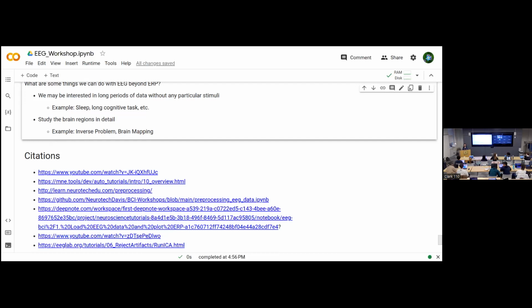So there are researchers who work on trying to enhance that resolution, and they work on the inverse problem, where they're trying to find out, based on these surface level, scalp level electrodes, which regions inside the brain are actually producing these signals on the scalp, so that we can have a better understanding of what's actually going on inside those regions and not just at the scalp. And also brain mapping is working towards the same effort.